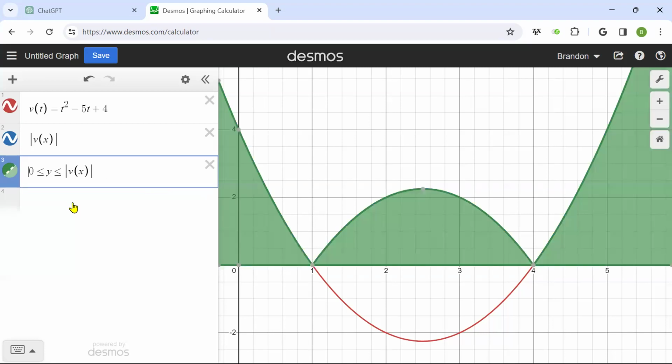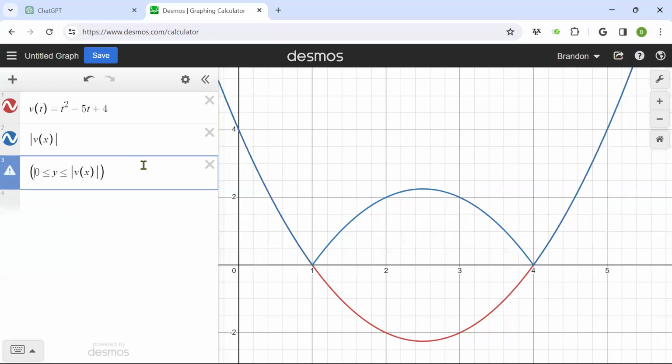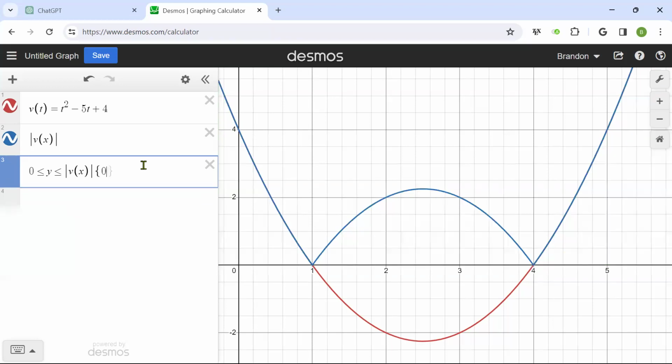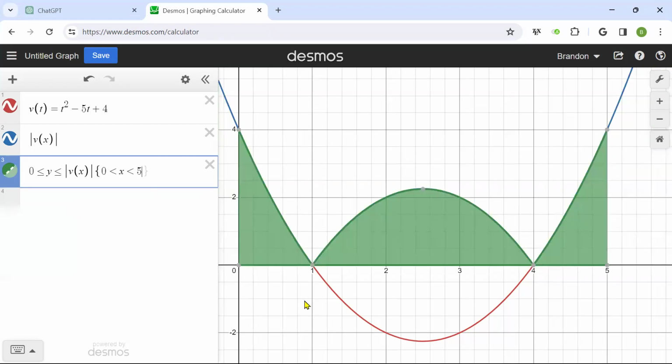Okay, there we go. Good job, Desmos. I can do it. All right, so you see that right there? We've got this shaded region under here. Now, does anyone want to speculate as to what this green area is equal to?